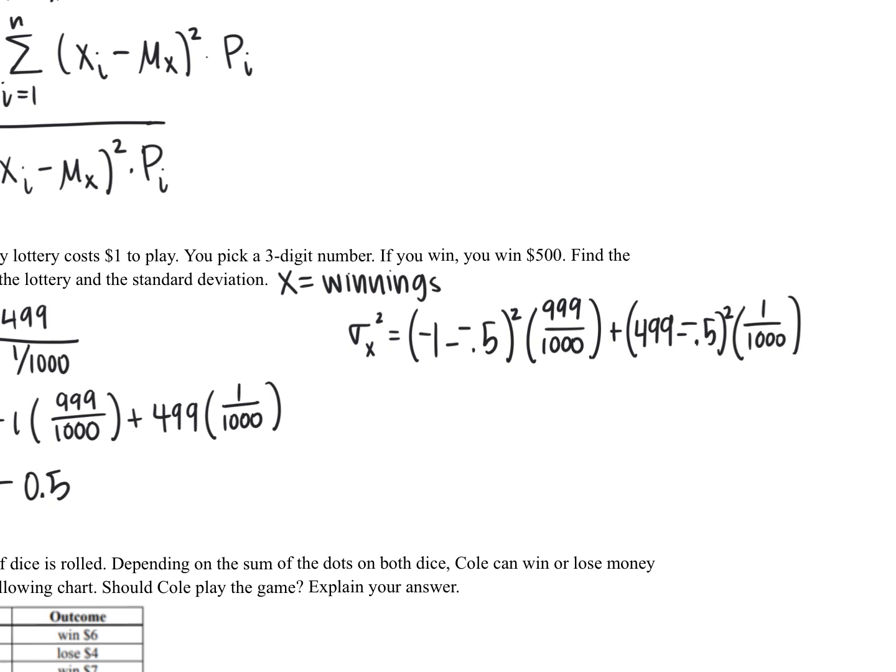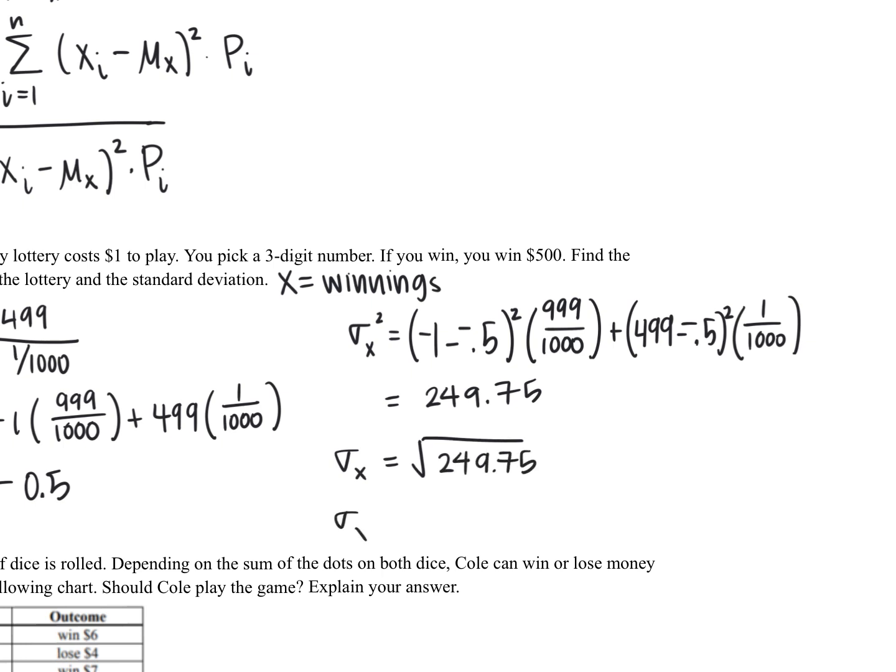So what you can do is you can type that exactly as it appears in your calculator. And it's going to give you a variance of 249.75. Remember, that's my variance. My standard deviation is then the square root of that number.